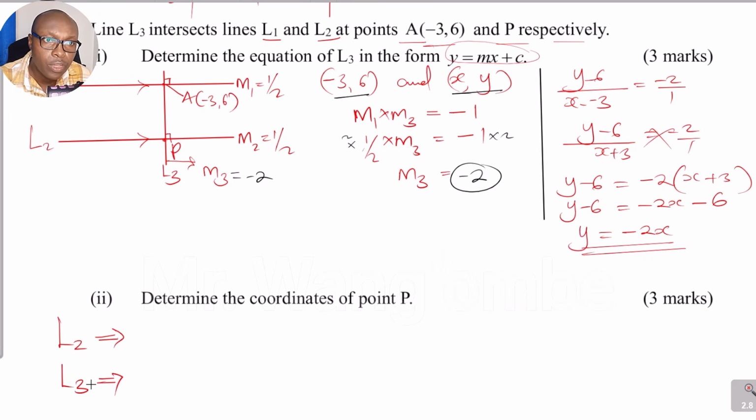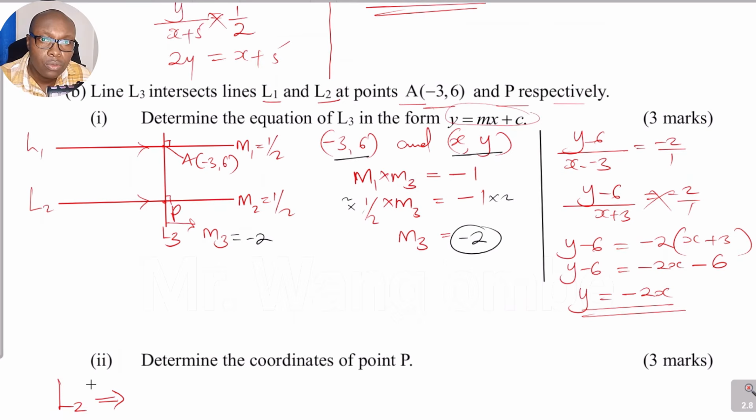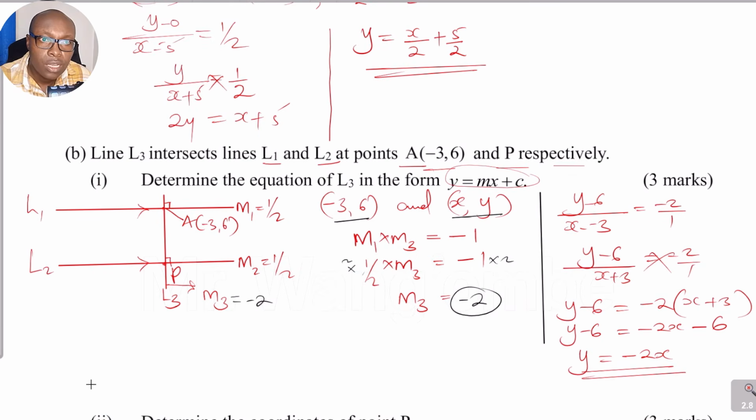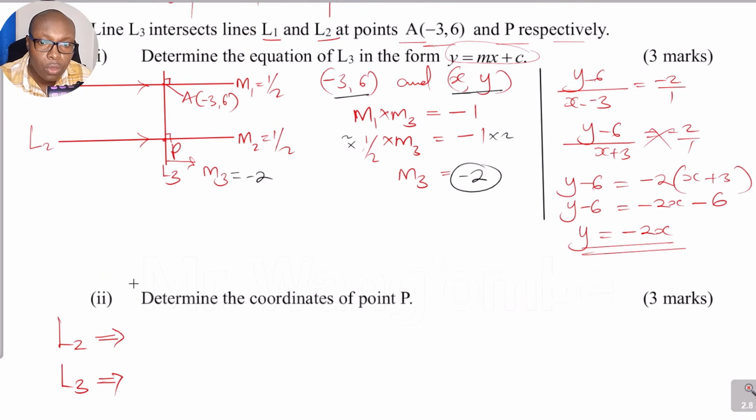So the equation of L2, line 2, was y is equal to x over 2 plus 5 over 2. And then the equation of line 3 is y equals negative 2x.